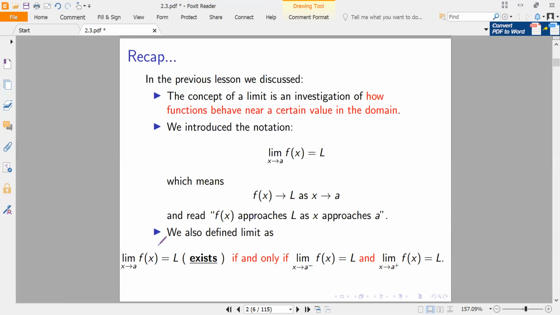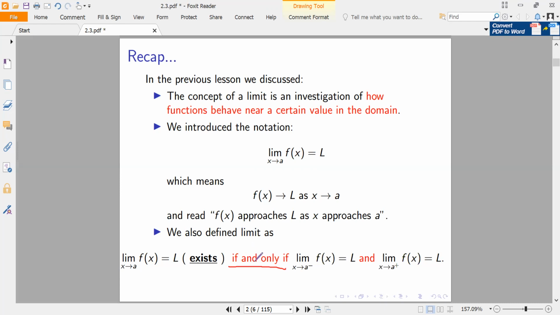Please note that this part, if and only if, is very, very much important. To give an example, every truck is a vehicle, but not every vehicle is a truck. So sometimes something can imply something, but the reverse is not true.